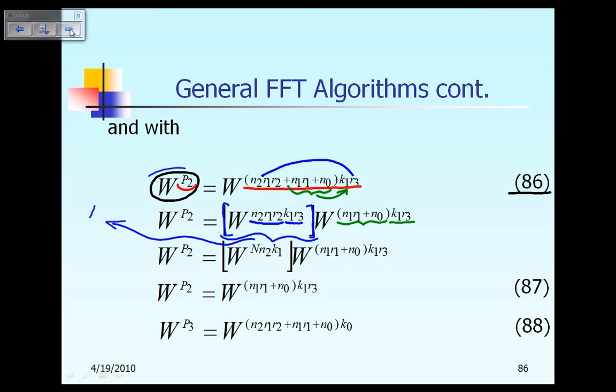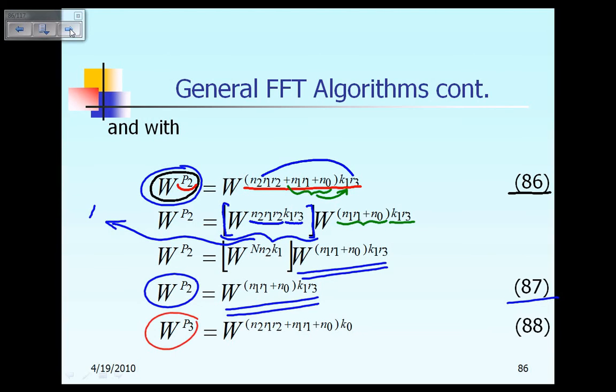Therefore, W raised to the power P2 right here, the right hand side is just equal to this remaining term for W as indicated in equation 87. And similarly, we can compute W raised to the power P3 as shown in equation 88.